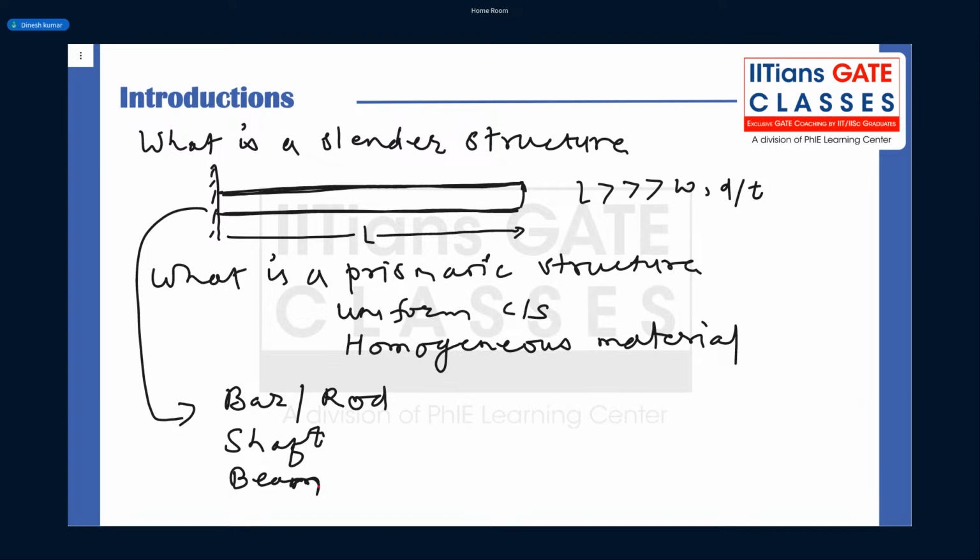When is this slender structure known as bar or rod or shaft or beam, in which case, or on what basis? The same structure behaves like bar or rod, or like shaft, or like beam. On what basis? No, it is not based on support.